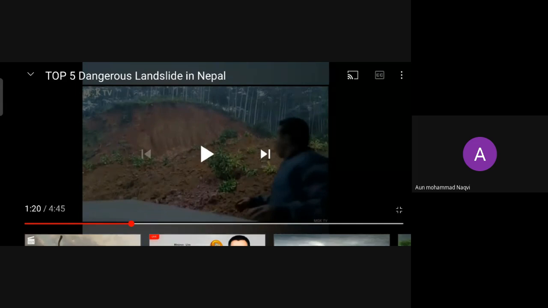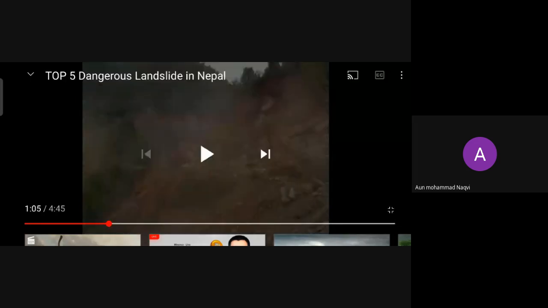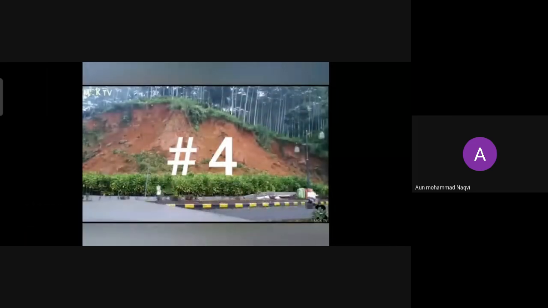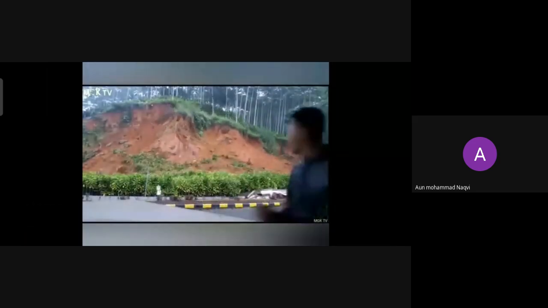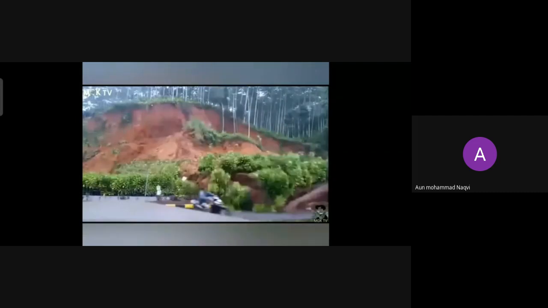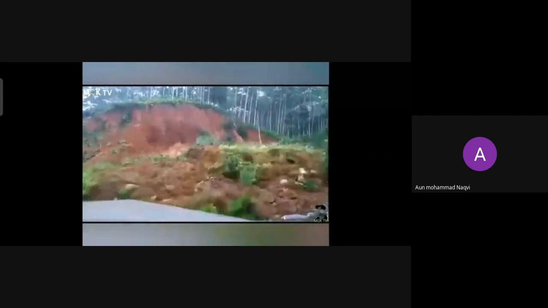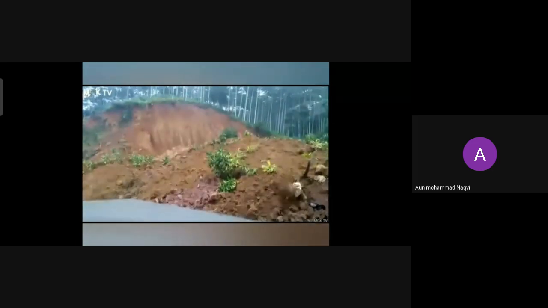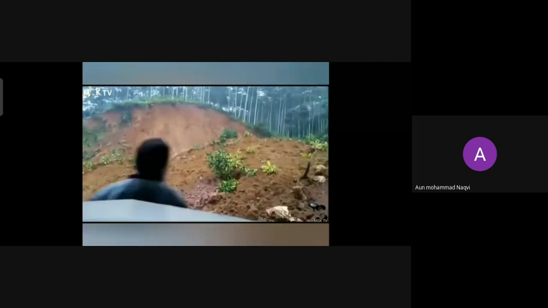So I'll rewind it once again for you to watch it. Look at the person who is on the scooter. His scooter got buried under the mud, but he was saved.